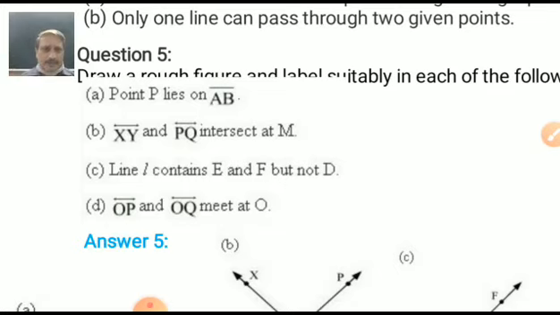Very easy one. First of all, a rough sketch they ask. Point P lies on AB. You have the idea now. A line which has 2 points A and B and also P. Yes, a line having 3 points A, B and P. Let's check the answer.